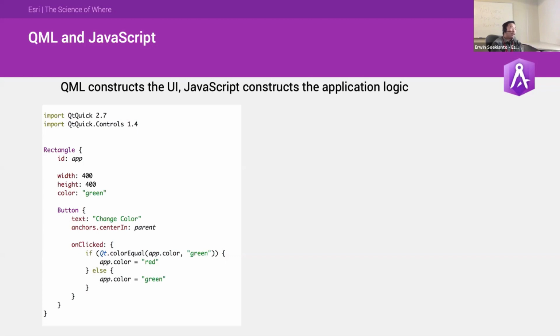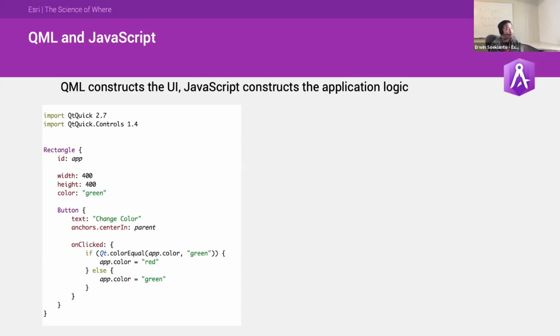And then we have a button in the middle in replacement of the text that says change color, that is also anchored and centered in its parent. But we have an event listener called onClick that will take a JavaScript function or a set of JavaScript code.